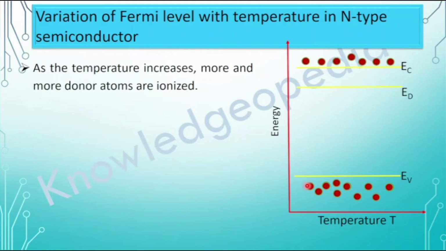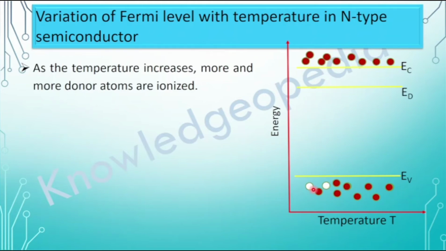Now if I am continuously increasing the temperature, at a certain value of temperature some of the bonds in the semiconductor will break and electron hole pairs will be generated. Once those electron hole pairs are generated and the energy supplied is more than the forbidden energy gap, then these electrons will start moving to the conduction band.